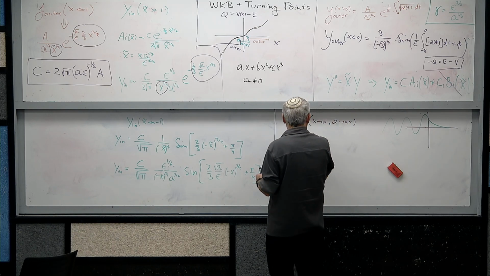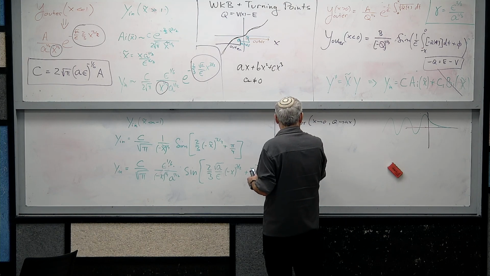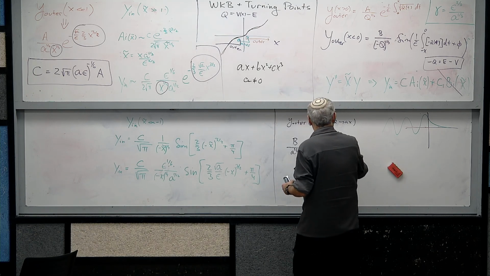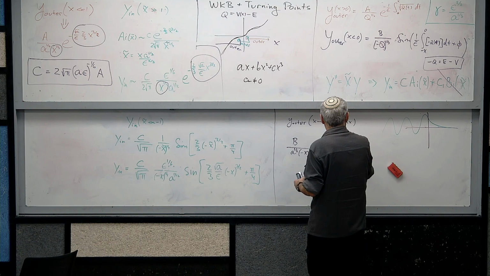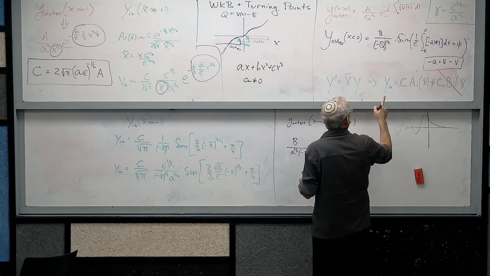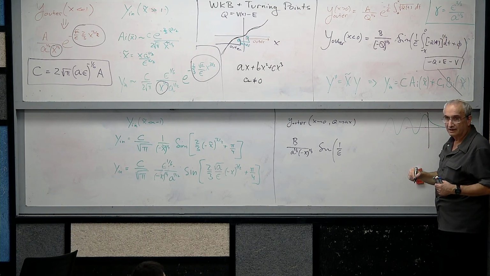So what I will have is b divided by a to the 1/4 times minus x to the 1/4, and I have the sine of 1 over epsilon, and there is 1/2 here, of course, it's the square root, right?